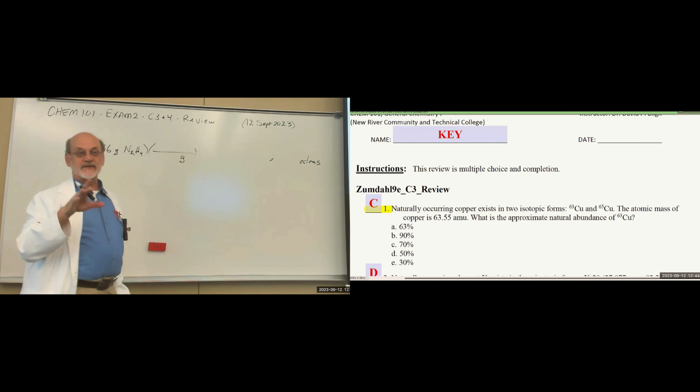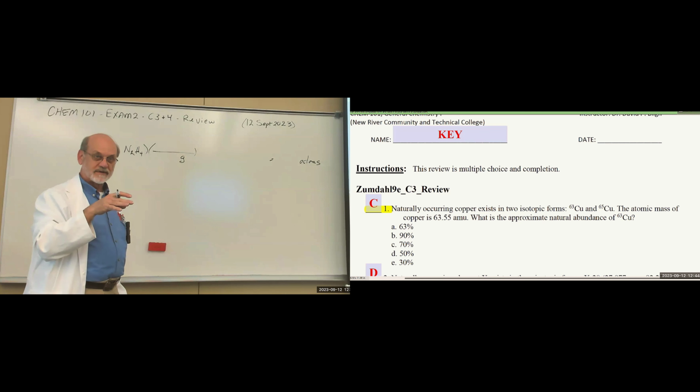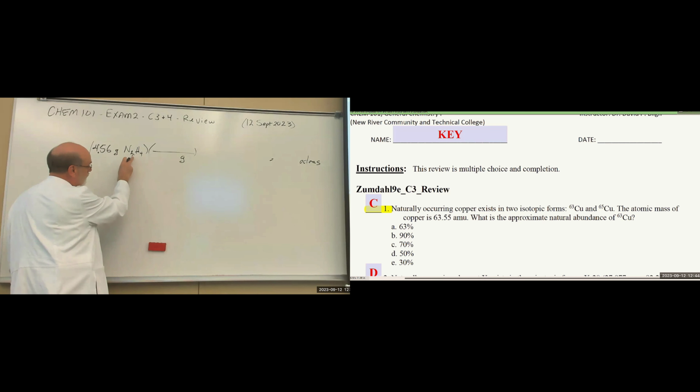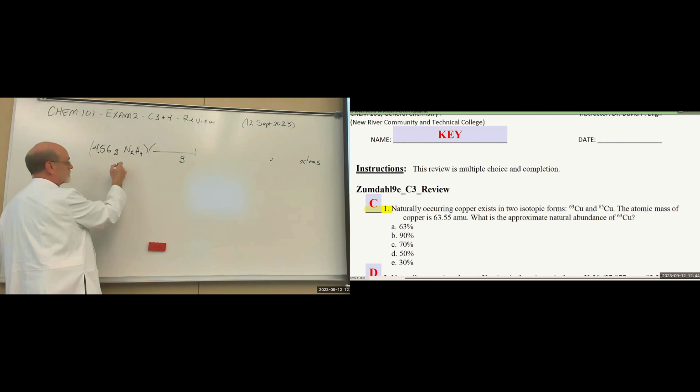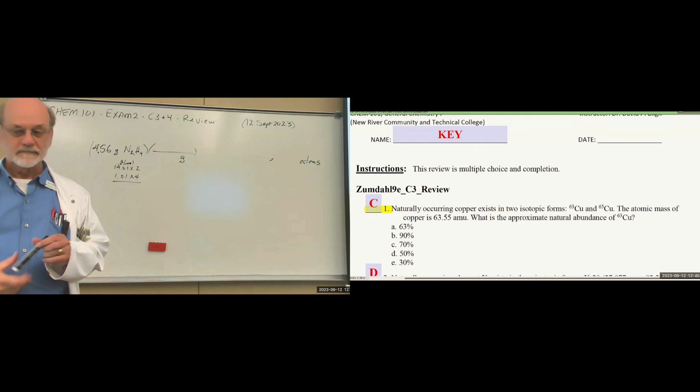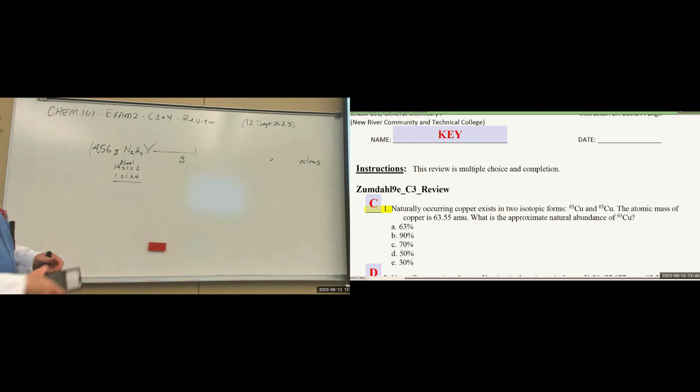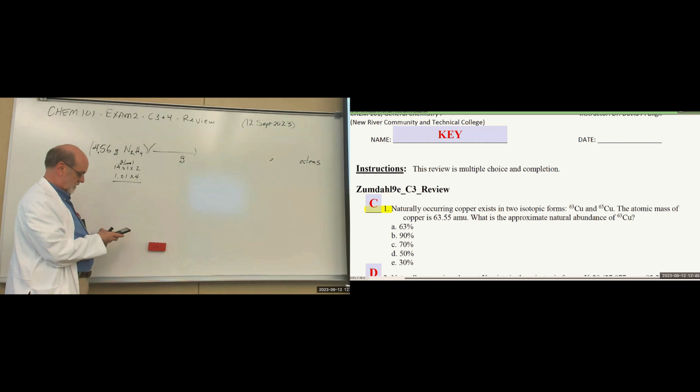Okay, molar mass is the bridge between mass and numbers. So you need the molar mass of this compound, which would be 2 times 14.01 for 2 nitrogens, okay? And 4 times 1.01, and this is grams per mole, for the hydrogens. That's the molar mass of hydrazine.